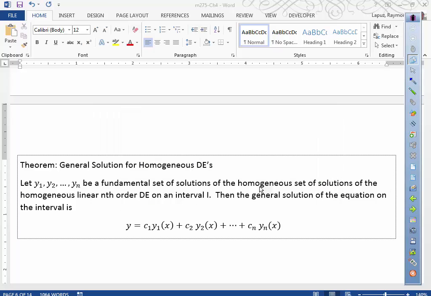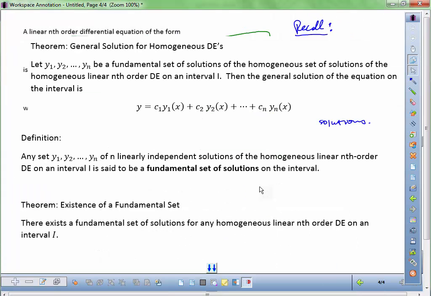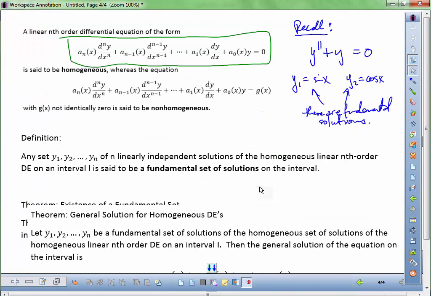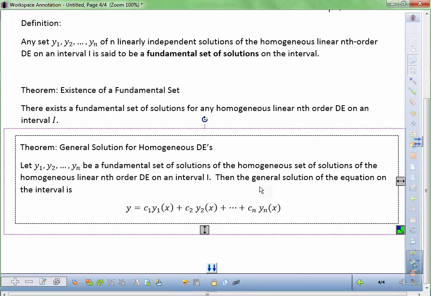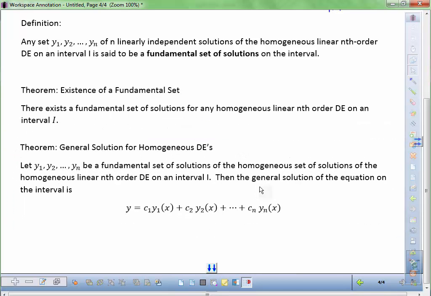So the general solution of your differential equation would be the linear combination of those fundamental solutions.